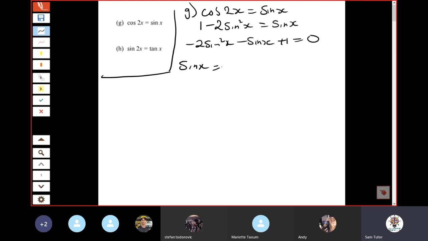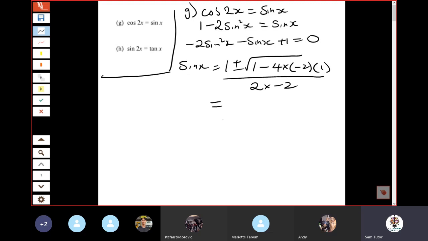And then sine x equals, well, minus b, which is what? Minus b, minus 1. Or positive 1. Yep. Plus minus square root b squared minus 4 times a, negative 2, times c, just 1, all over 2a.